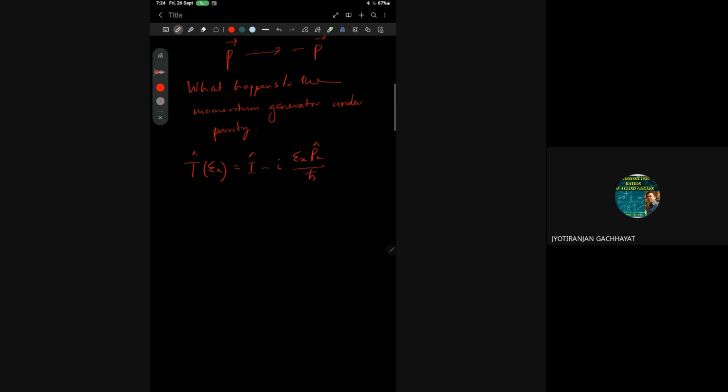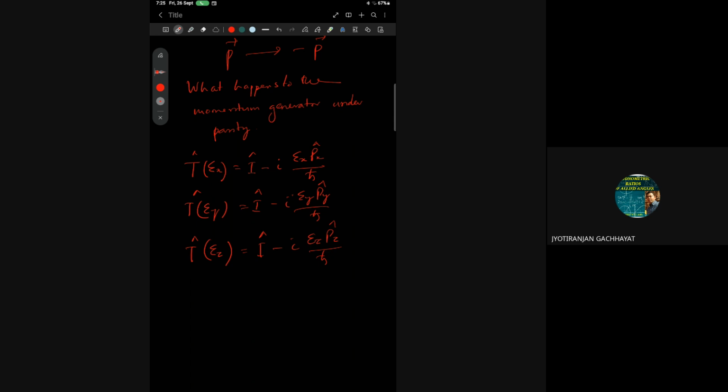Similarly, for the y direction, it will be identity minus I epsilon y py by h cross, and likewise T of epsilon z. Right.